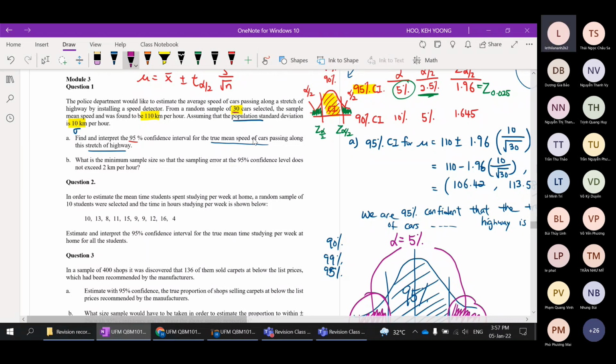We want to find a minimum sample size so that the margin of error or the sampling error does not exceed 2, at what percentage? 95%. So we can use the same Z value as question A. We look for Z 0.025. We will use this value for question B because the percentage is the same, 95%.